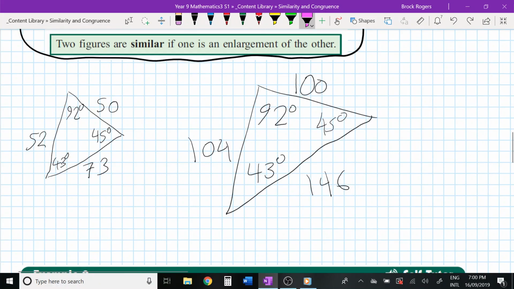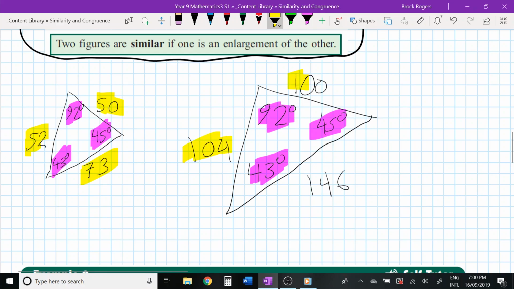Final example here, just zooming in. Just looking at these two shapes here, I'm going to highlight the fact that the angles inside these two triangles, in this case, are exactly the same, but the side lengths have actually doubled. So you can see that even when you have enlargement, the angles stay the same.